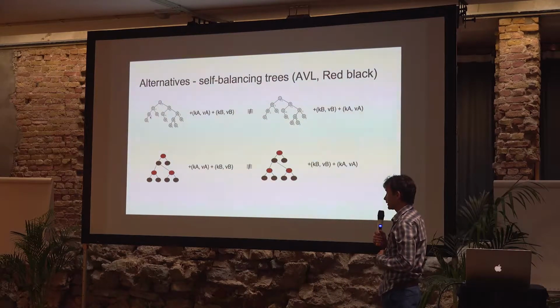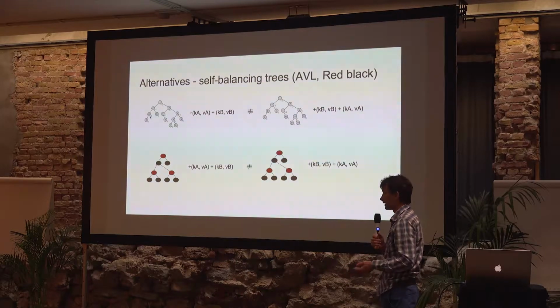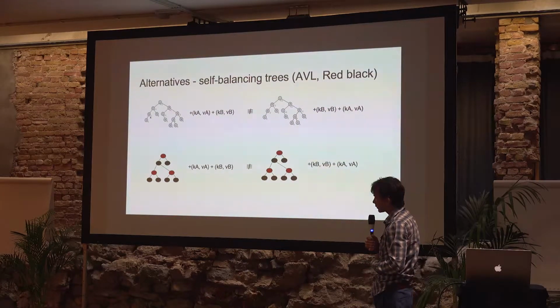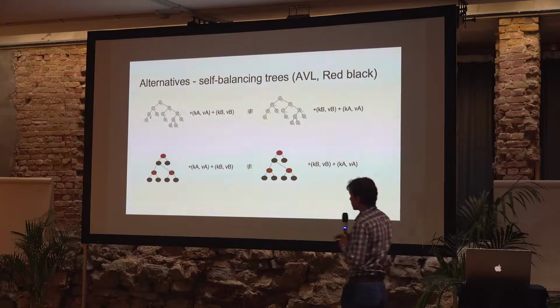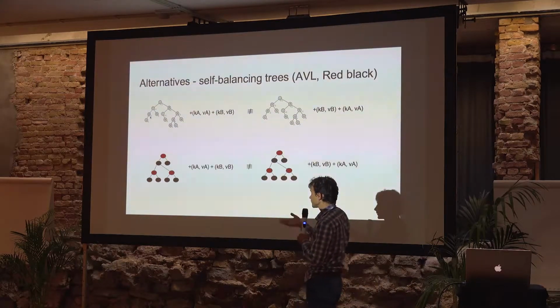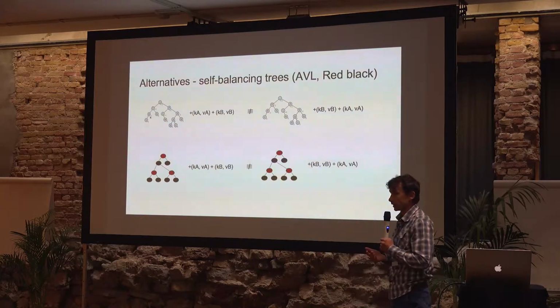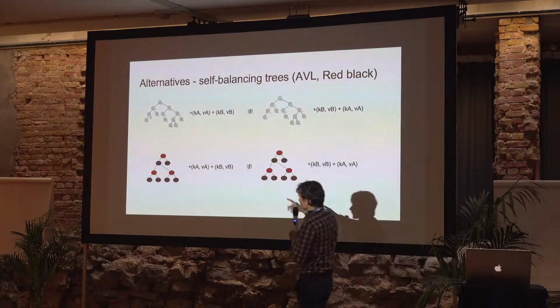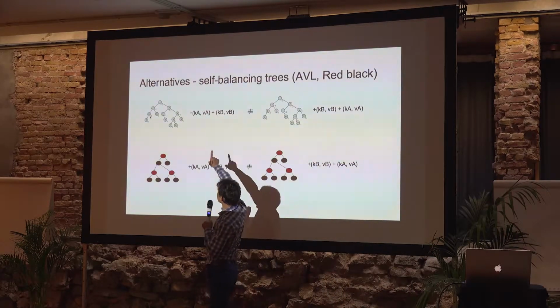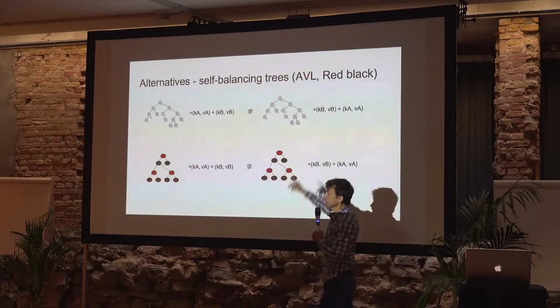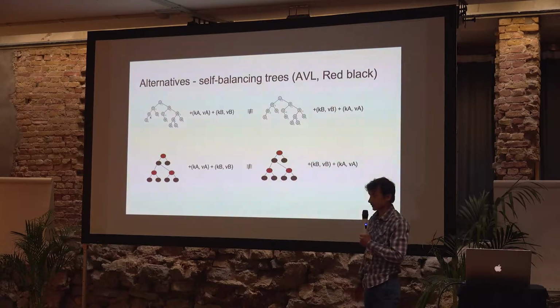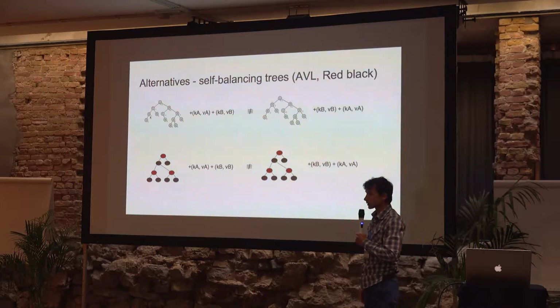Which is cool because then you don't have to pre-hash all the keys before you insert them. But unfortunately they have one disadvantage: the modifications are not commutative. So if you take a self-balancing tree, then add the key values in a different order, the resulting tree will be different. So the order of the modification matters.